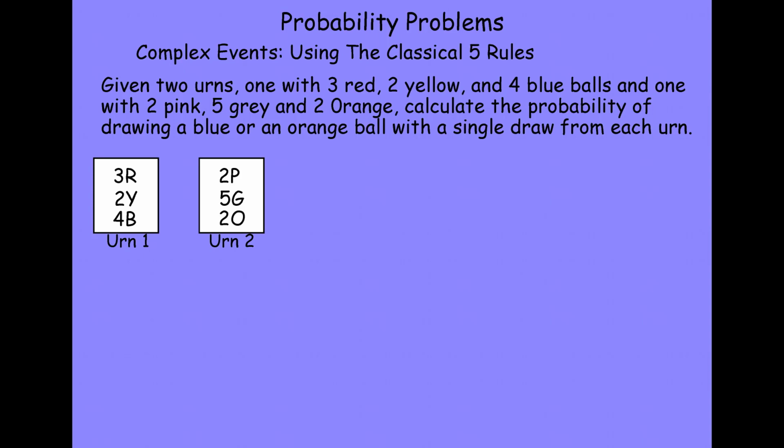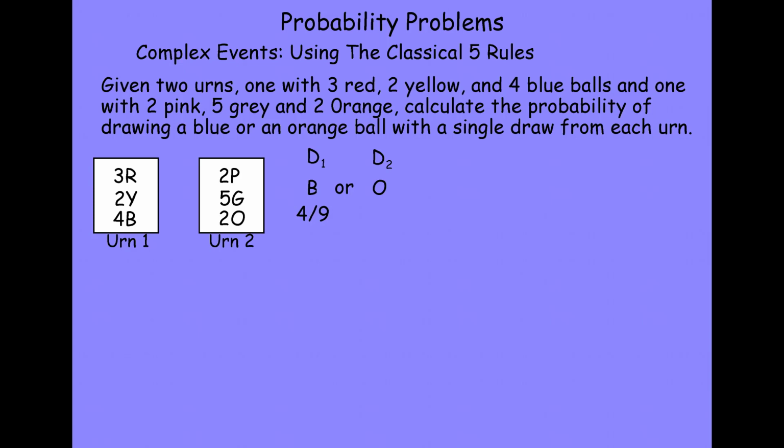For my draw from the first urn, to get a favorable outcome, I would have to draw a blue. My draw from the second urn, to get a favorable outcome, I would have to draw an orange. So if I draw a blue or I draw an orange, I get a favorable outcome. So now I think I'm going to use the disjunction rule.